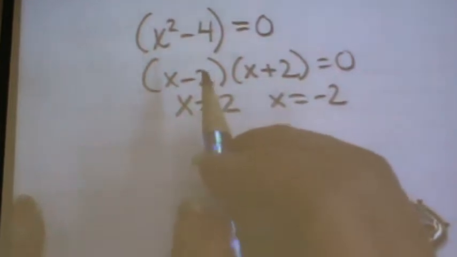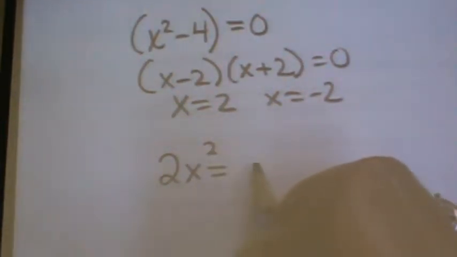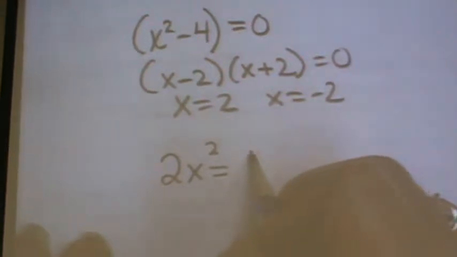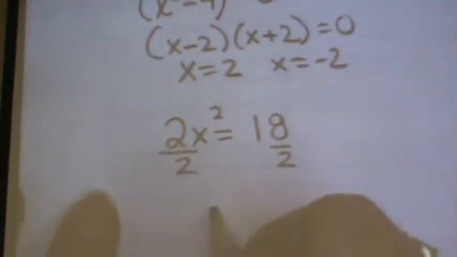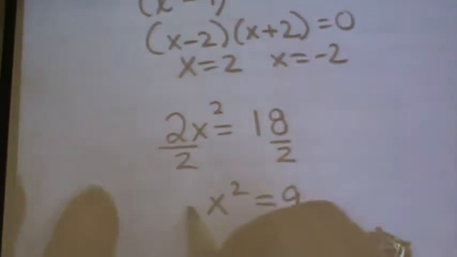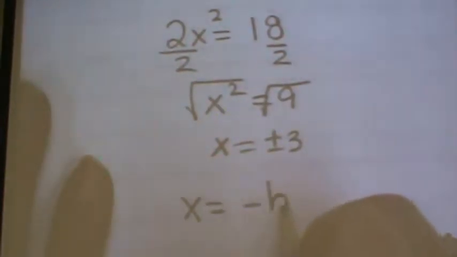If it's missing a middle term, for example, something like this, take the square root of both sides, and you get plus or minus 3. You can use the quadratic formula.